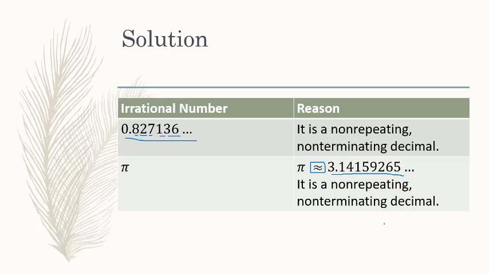You see that this is 3.14159265 and dots. Now, you see the decimal part doesn't repeat itself. Not only that, it doesn't stop. That means that it never stops. Then we say this is a non-repeating and non-terminating decimal. Then we say pi is an irrational number.